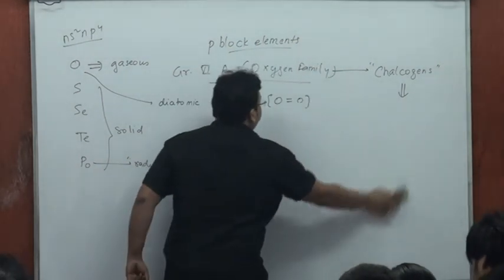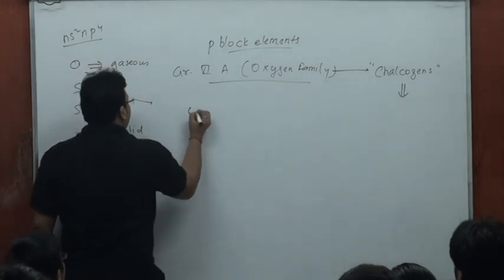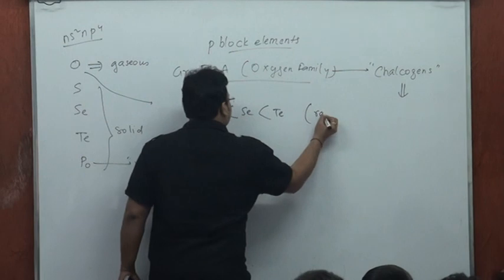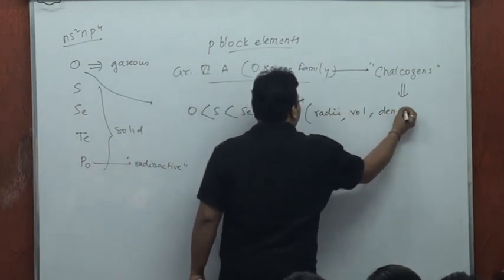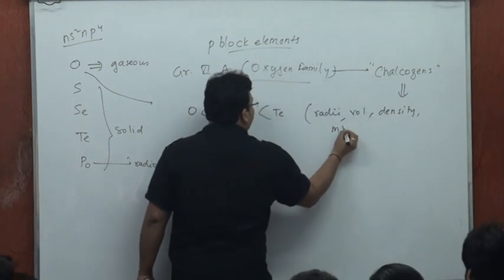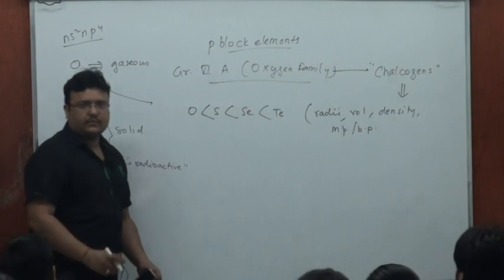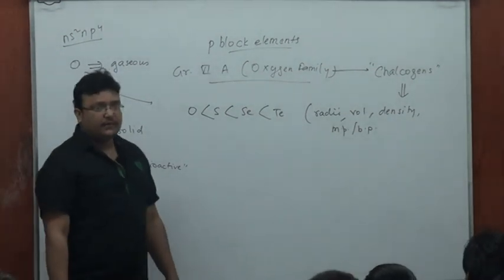Let's very quickly go into the general periodic properties and periodic trends of this family: oxygen, sulfur, selenium, tellurium, polonium. Certainly, down the group, radii, volume, density, melting point, boiling point are bound to increase.